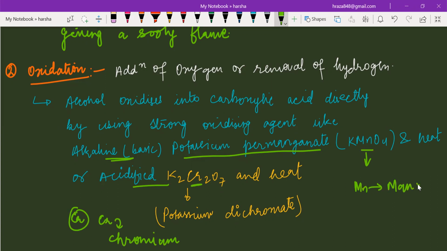It is also a D block element. Okay. Is that clear?